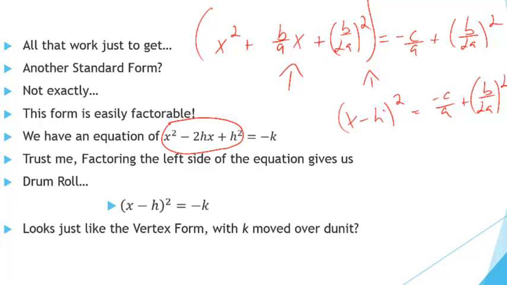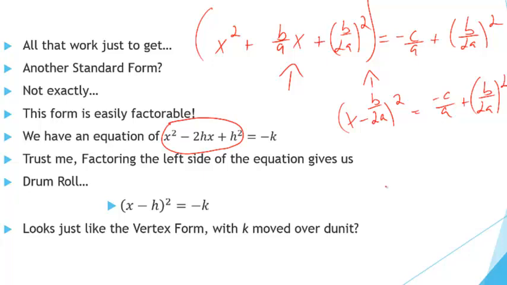And if you were really paying attention, h is just b divided by 2a. So x minus b divided by 2a squared equals negative c divided by a plus b divided by 2a squared. All that mumbo jumbo, yada yada yada, and it looks just like the vertex form with k moved over.